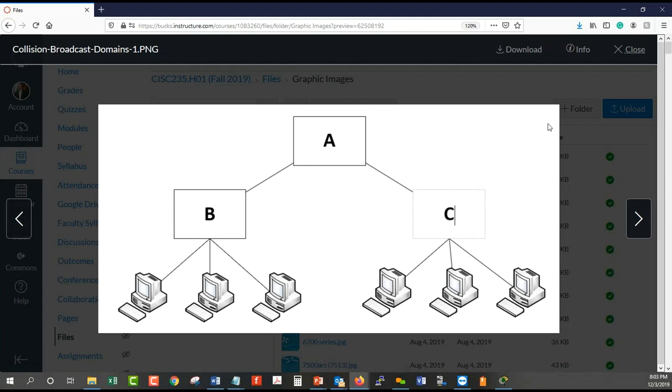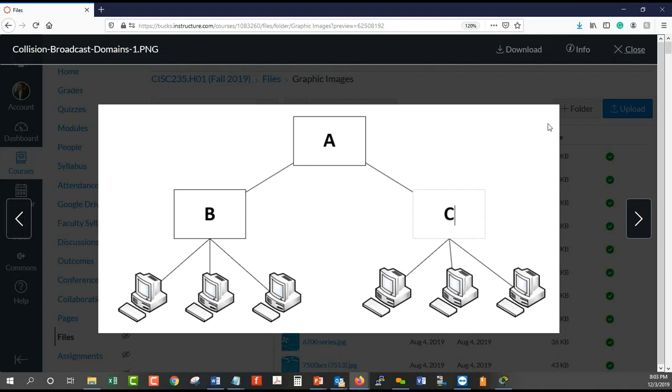Okay. So the correct answer here is 2 collision domains and 1 broadcast. Again, the only thing that can separate a broadcast is a router.